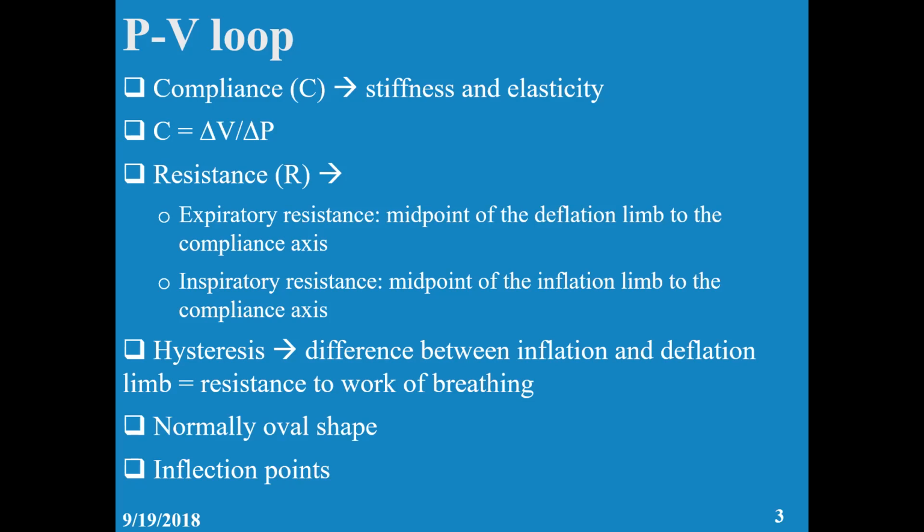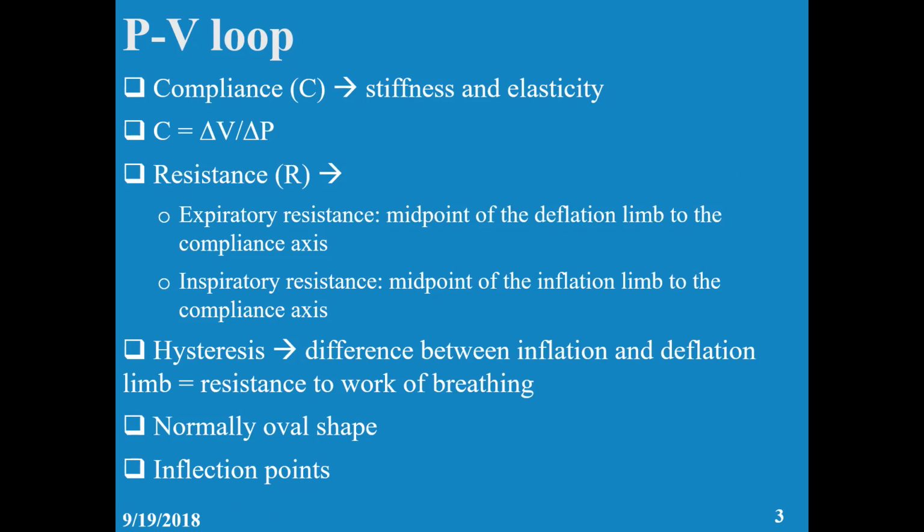The compliance can be a poor, stiff lung, or a flexible, elastic lung with high compliance. Compliance is the change, and remember, whenever you see a triangle on the computer, it means change.